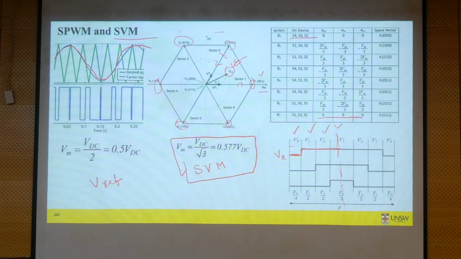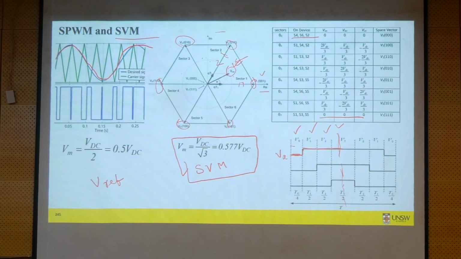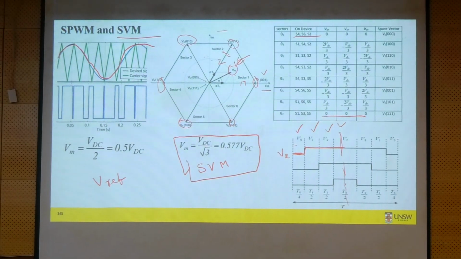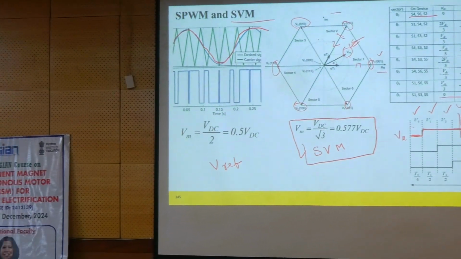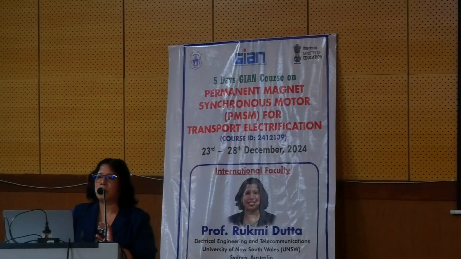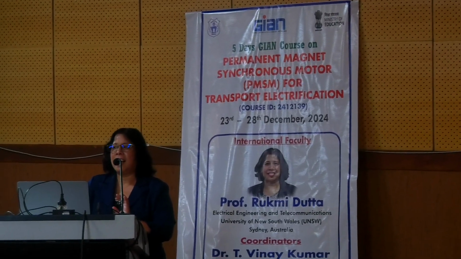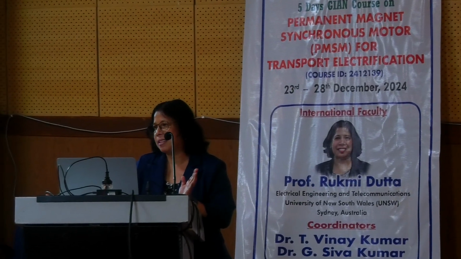Either way you will need a reference voltage input to the SVM pulse generation or SPWM pulse generation, and this reference voltage must come out of your controller. The controller's main purpose is to produce this reference voltage, and after that it is simply generation of the pulses.